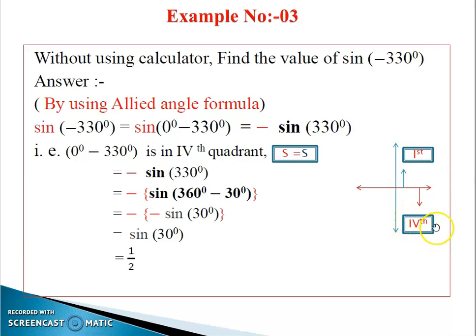In fourth quadrant, cos and sec are positive, remaining are negative. That means sine is negative, and below the x-axis sine is replaced by sine, and we get minus sine 30 degree. Here minus minus is plus, so we write sine 30 degree, and we know that the value of sine 30 is 1 by 2.